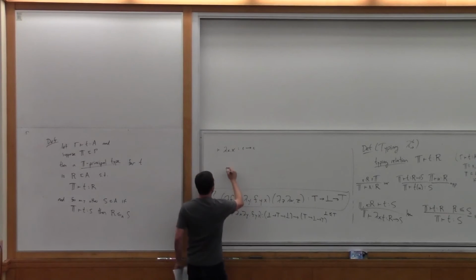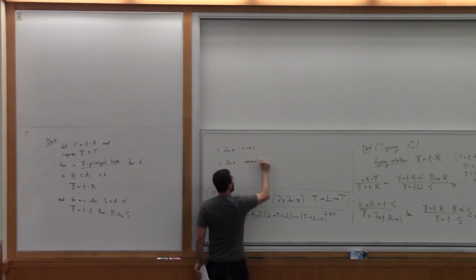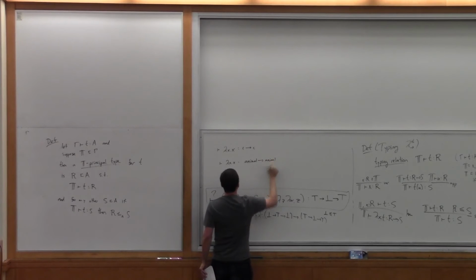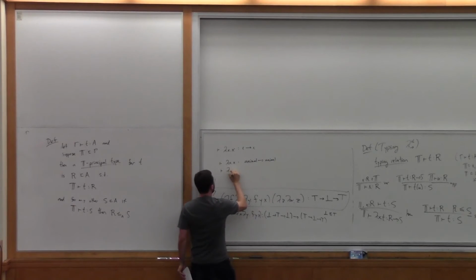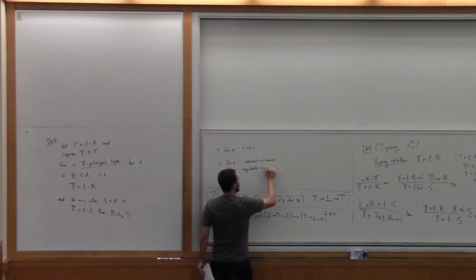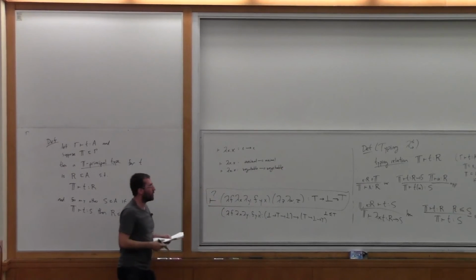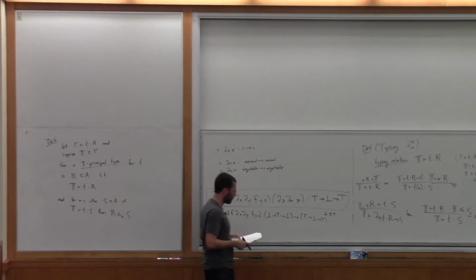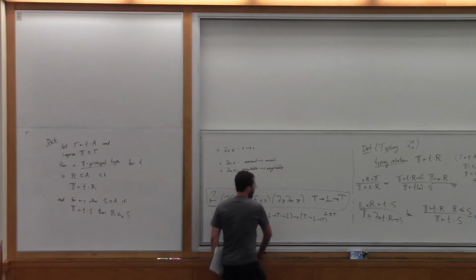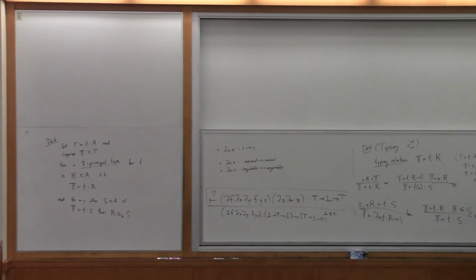No, because we can give it the type, for example, animal arrow animal, and we can also give it the type vegetable arrow vegetable, and neither of these is a subtype of the other. So what do we do? That's the question.